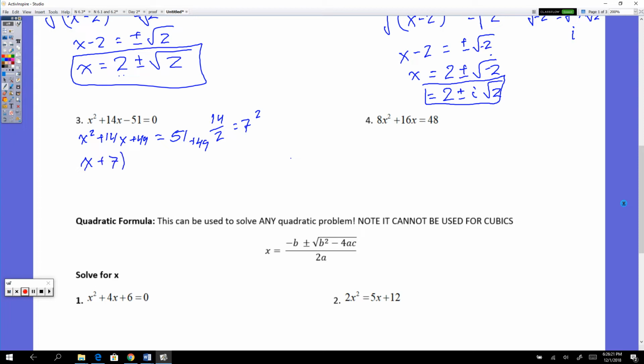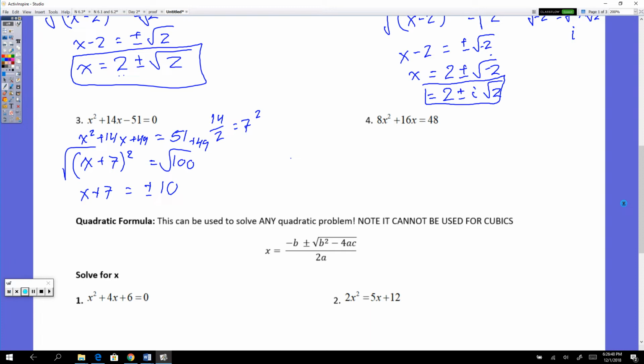When I turn this into the square of a binomial, it becomes x plus 7 squared. 51 plus 49 is equal to 100. Square root both sides. The square root of 100 is plus or minus 10.